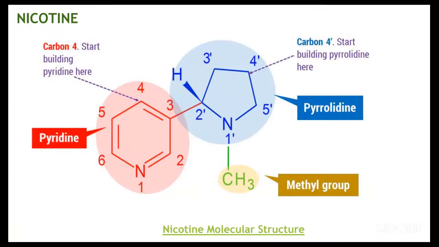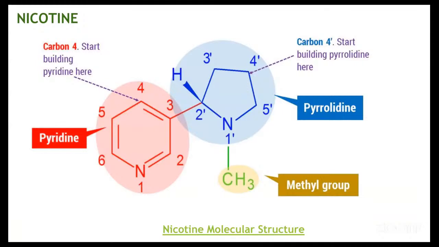It has a narrow insecticidal spectrum and a very short lifespan, and it is metabolized and excreted fairly fast in insects. And coming to the structure, you can see the pyridine and pyrrolidine groups along with the methyl group here. This is the nicotine molecular structure.